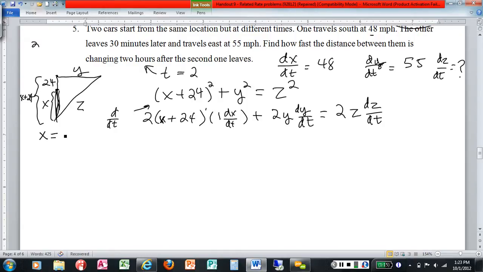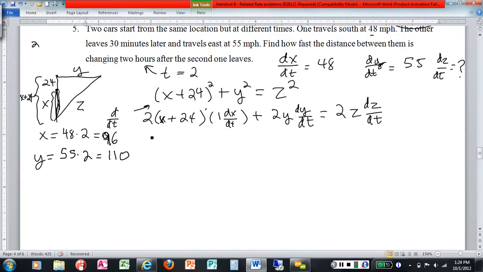What is x? Well, x is the rate of x, which is 48, times the time, which is 2 hours, which is 96. So x is 96, sorry. The y, that's going this way, which is 55 going east, so it would be 55 times time, which is 2, which would be 110.